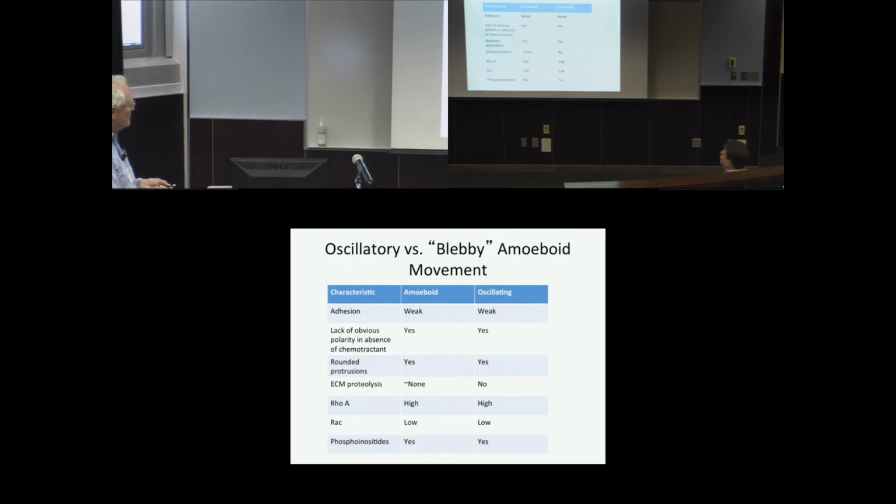Both presumably do not do extracellular matrix proteolysis, but as we heard from Ann, that's probably, in the case of amoeboid movement, may well be disputed. Both usually require high RhoA activity, but low Rac activity, and both involve phosphoinositides. So there are at least superficial similarities between our phenotype and a blebby type of amoeboid movement.